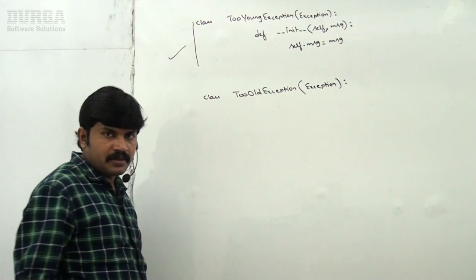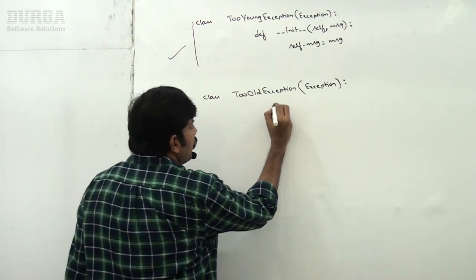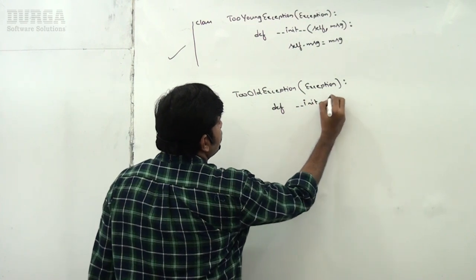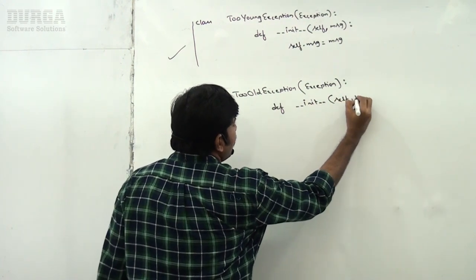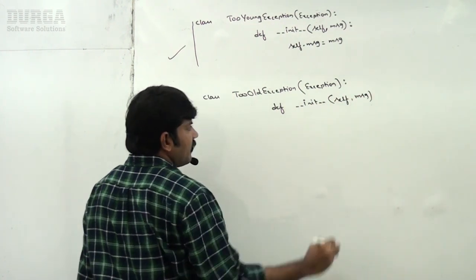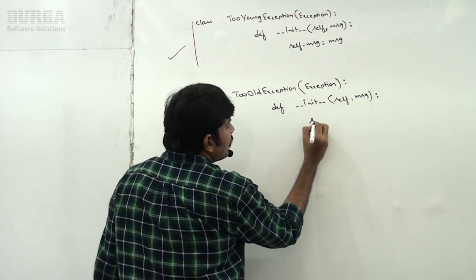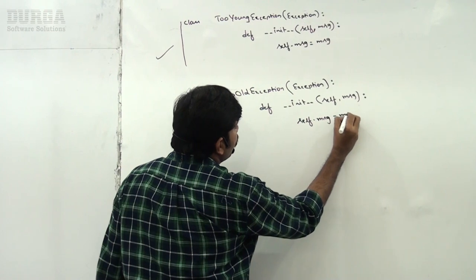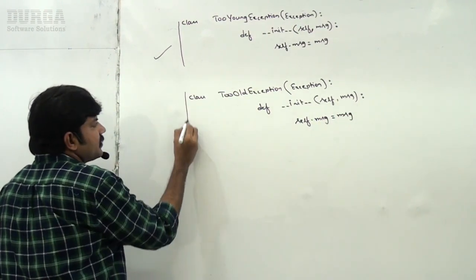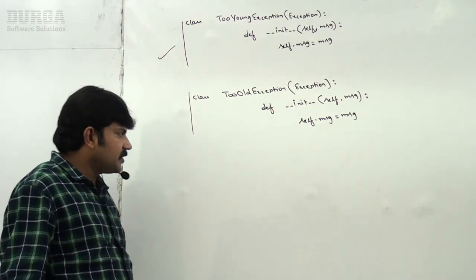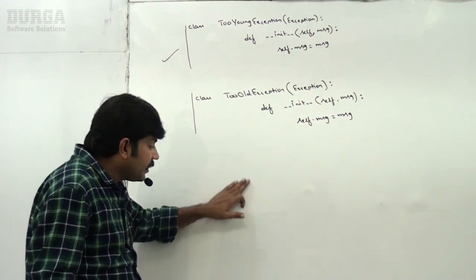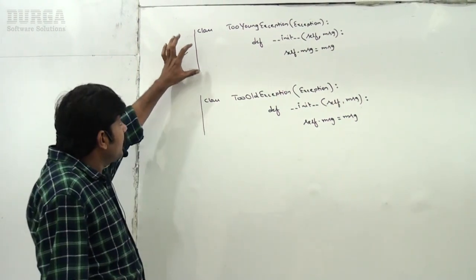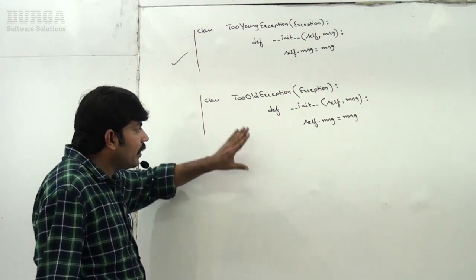Def __init__(self, message). Here self.message = message. Okay, the second customized exception is also ready, friends. Up to this, any doubt? Can you please confirm? So here is how you can define our own exceptions.